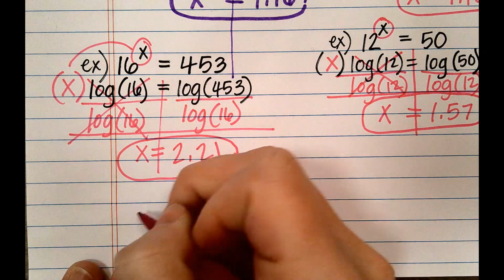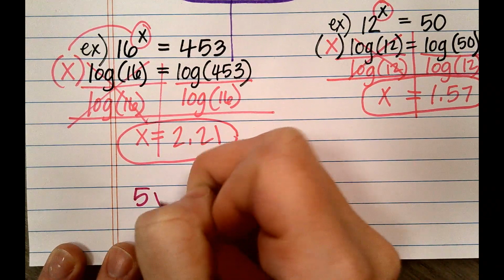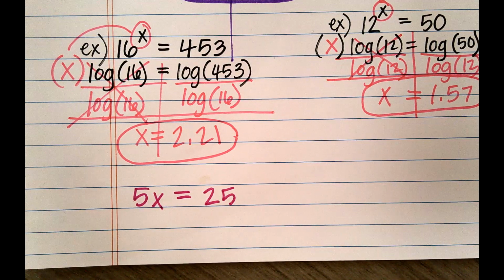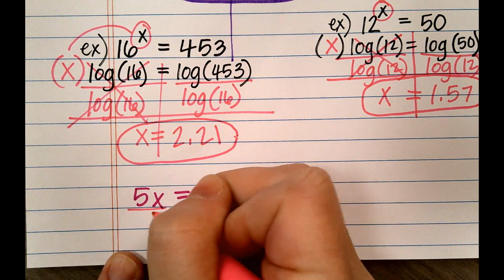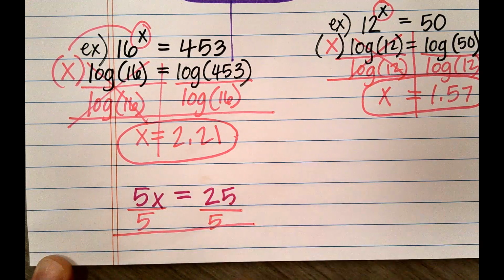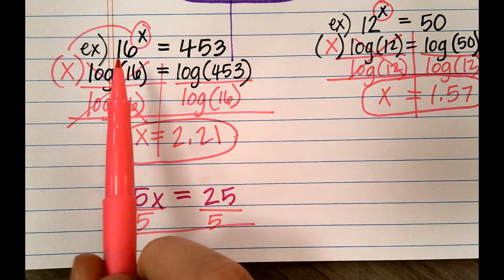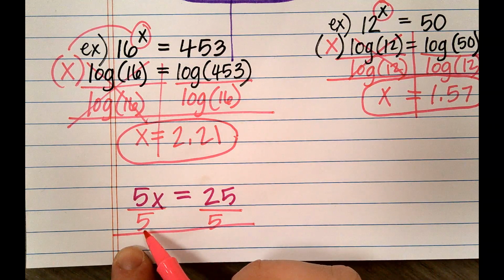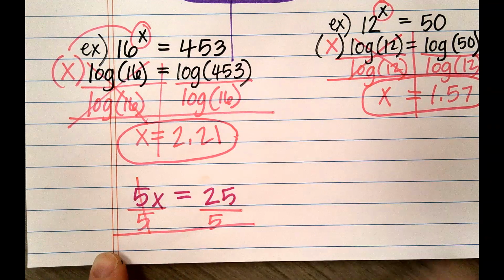What you're saying would be a lot like this. I know log 16 is a lot more to write than something that we're used to, but let's say, for example, I had 5x equals 25. It makes sense why I have to write the 5 again. I divide by 5 on both sides. We're doing that here. We're dividing by log of 16 on both sides. I need to write the 5 here so that I know to cross it out.